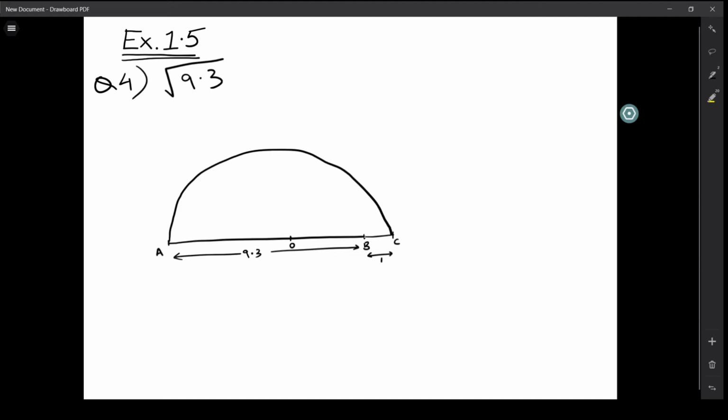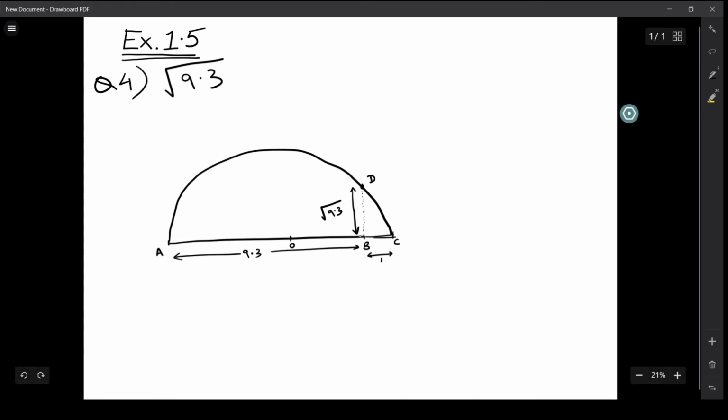But nonetheless, now I draw a perpendicular from B, a line perpendicular to my number line AC over here, and see where it intersects the semicircle. This point over here, let me name it D. BD out here is my required under root 9.3.